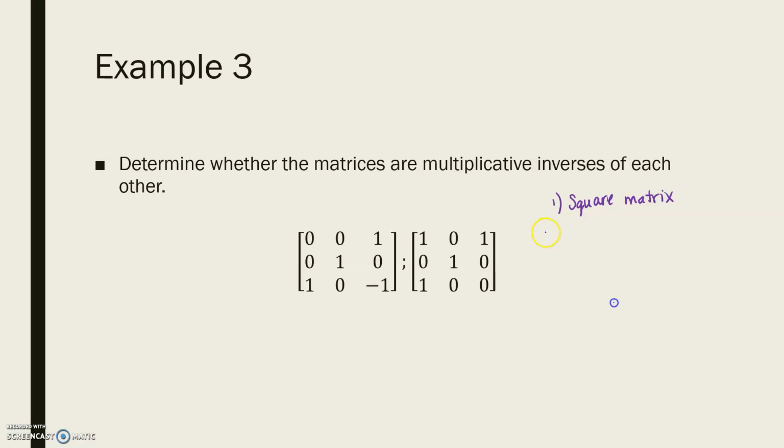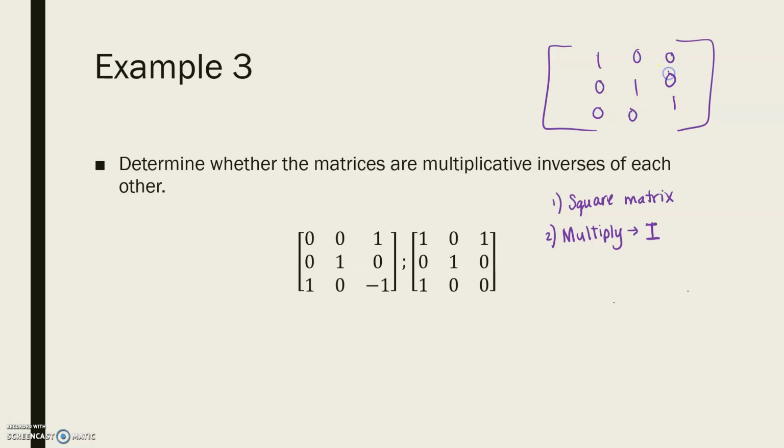They also have to, when we multiply them together, give us the identity matrix, which is the one that looks like this. So when we multiply these together, if we do not get this, then we would say they are not multiplicative inverses. But if we do get that, then they are.